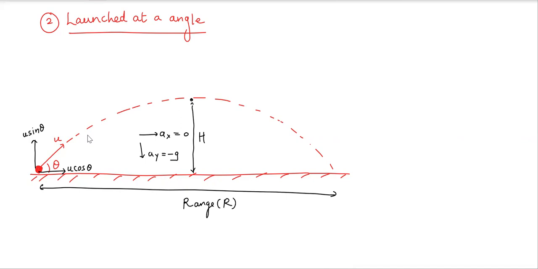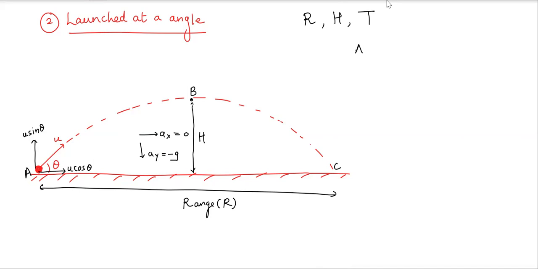Let's say for this particular problem, we are supposed to find the range, the maximum height, and the time of flight. In that case, I would like to break down this path into two to three different points. A to B is the half part of the journey where it reaches the maximum height.